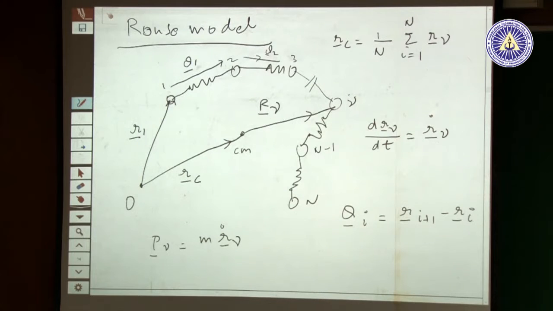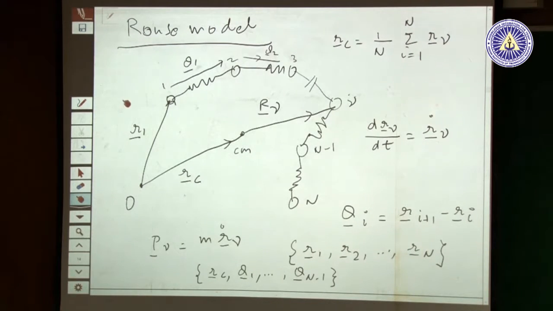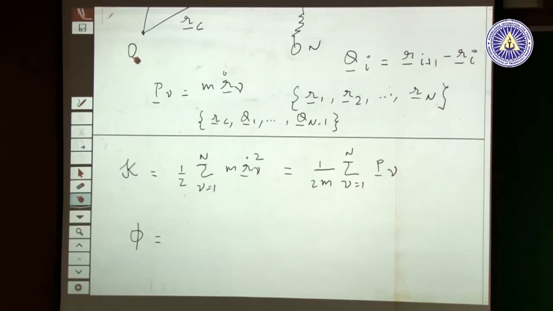So, you could either describe the configuration of the chain in terms of R1, R2 all the way to Rn, or equivalently you could say what is the center of mass and what are all the connector vectors, but there are n minus 1 of them. The total would still be n variables, 3n actually, because each is a vector, to describe the configuration of the chain. Now, in terms of the potential energy, we are going to assume that it is only a function of the internal coordinates.